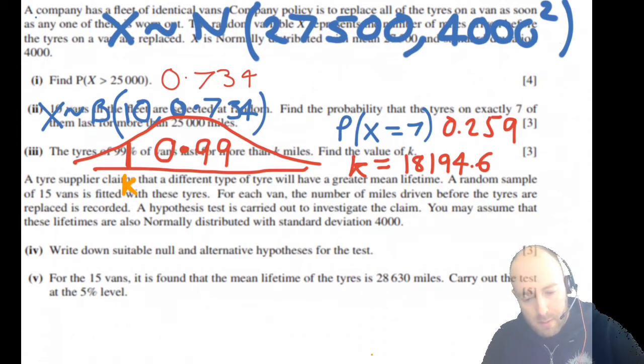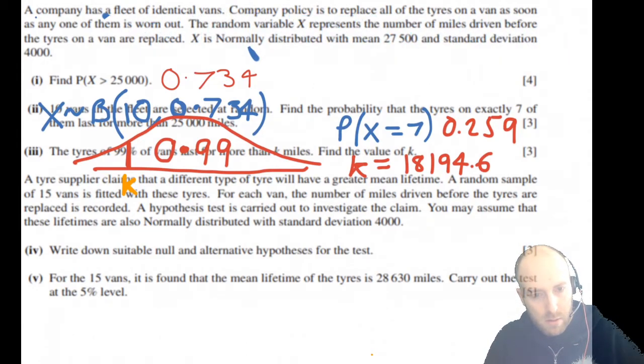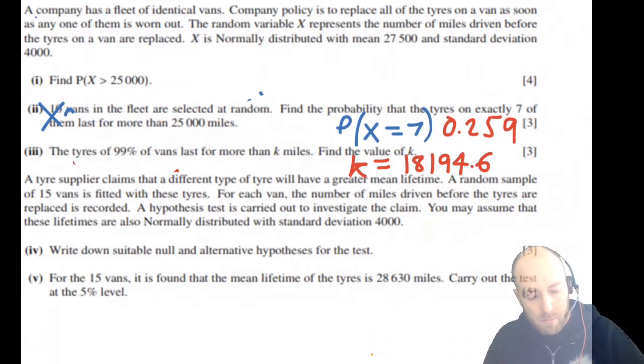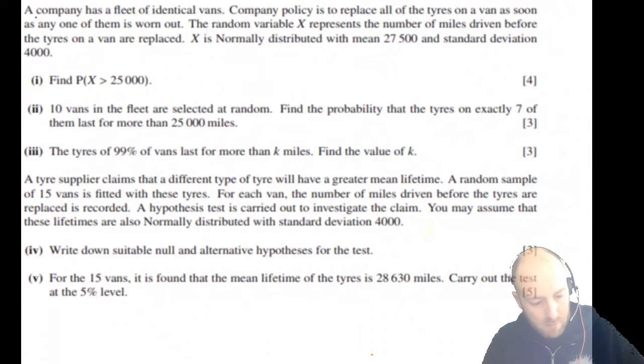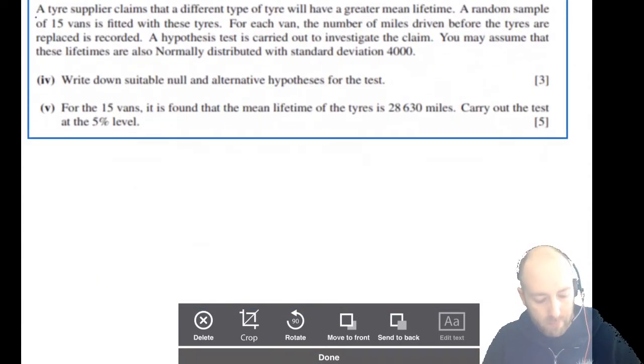Right, so let's make some space and move it all up. Cool.